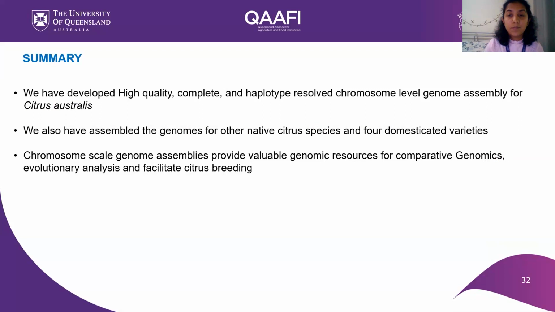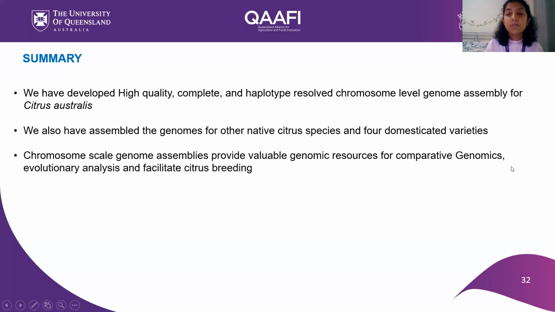We are almost there, but we need to develop them into chromosome scale. As I mentioned earlier, these native species are very important because they harbor a lot of valuable genes for biotic and abiotic stresses. And these chromosome scale genome assemblies will be valuable resources for comparative genomics in the future.